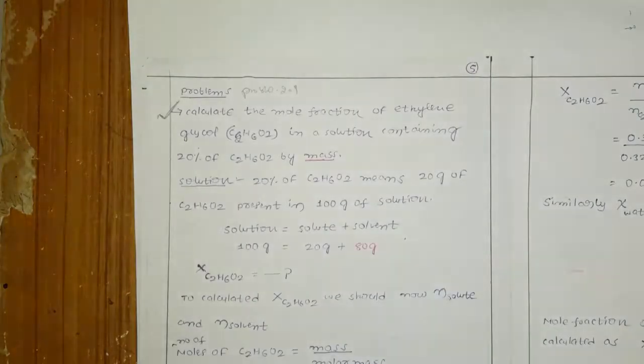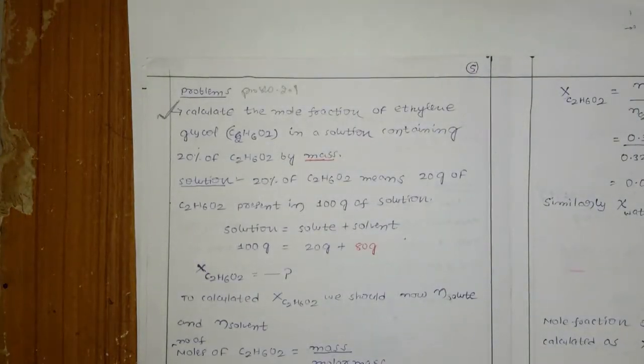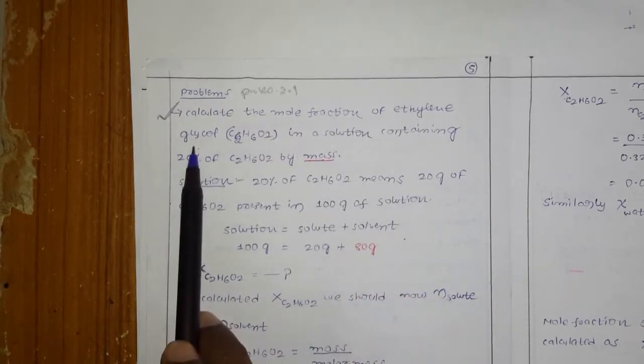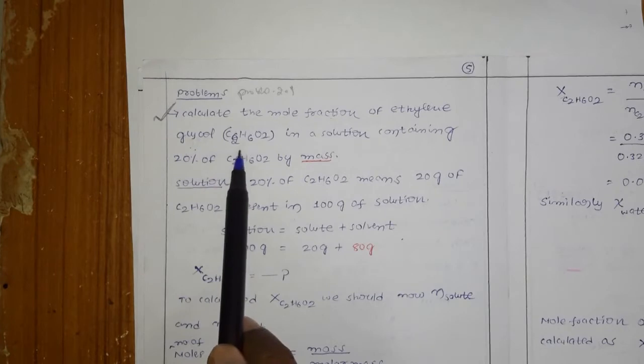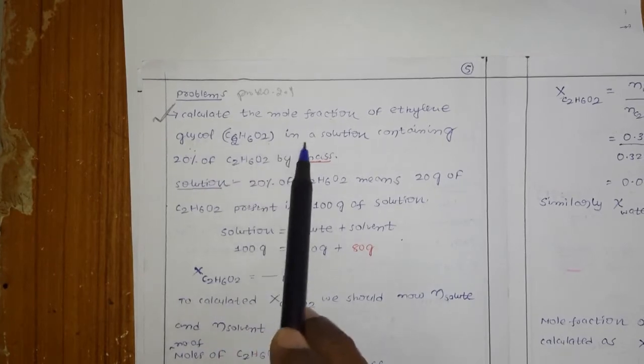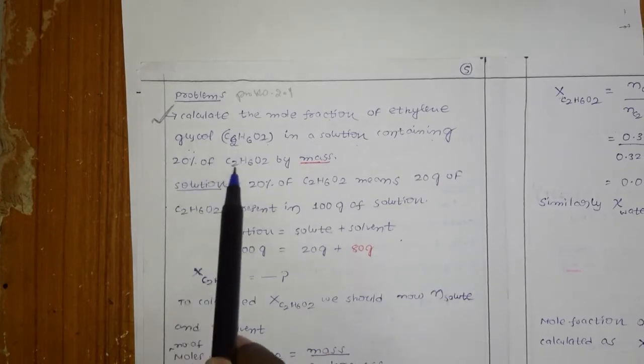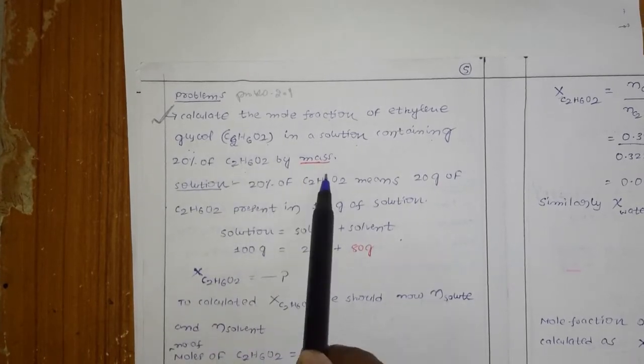Yes, the problem is problem 2.1 that is there in the textbook. The problem is: calculate the mole fraction of ethylene glycol, the formula is C2H6O2, in a solution containing 20% of ethylene glycol by mass.